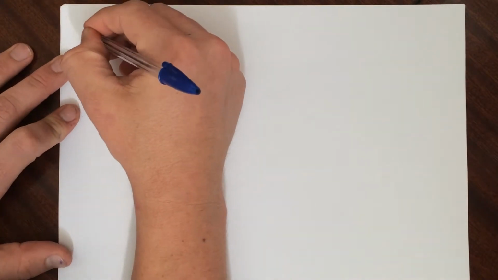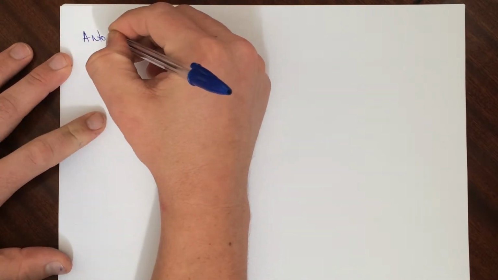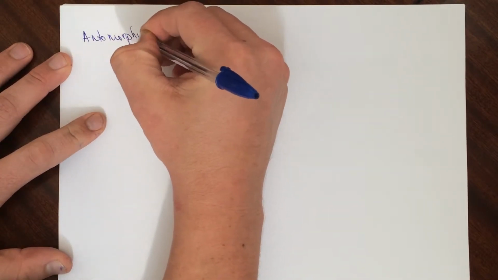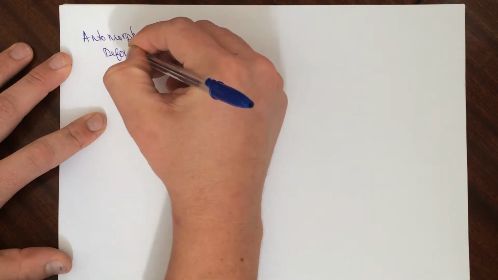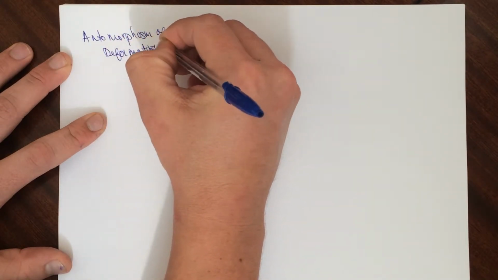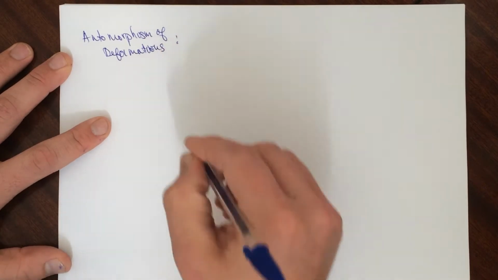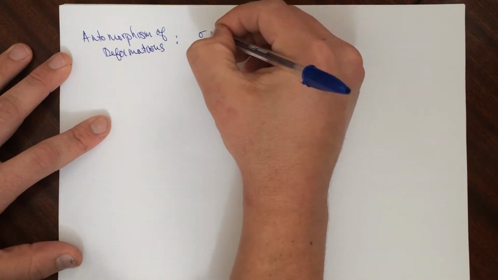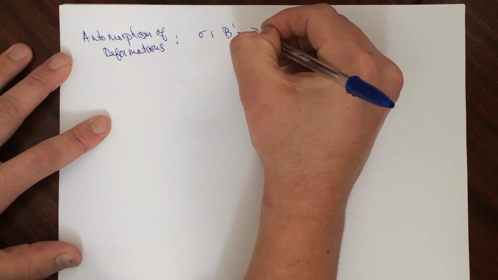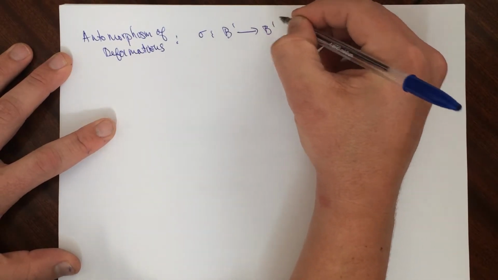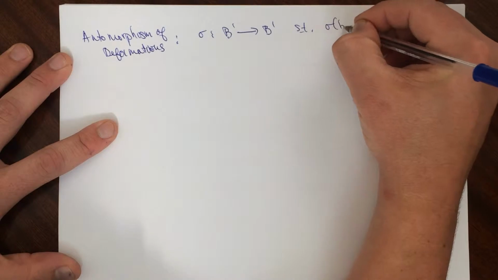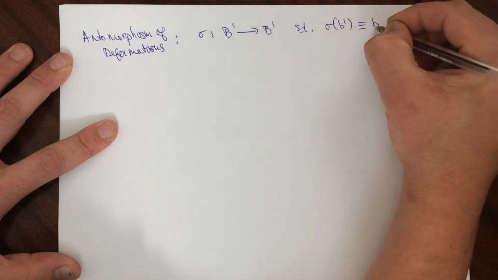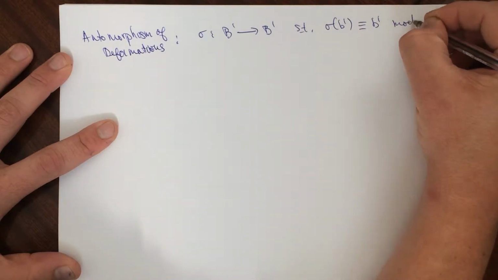I wanted to make a remark about what automorphisms of deformations are. So this is just going to be a map sigma, so if I take one of these B primes, such that sigma of B prime is just going to be congruent to B prime mod IB.